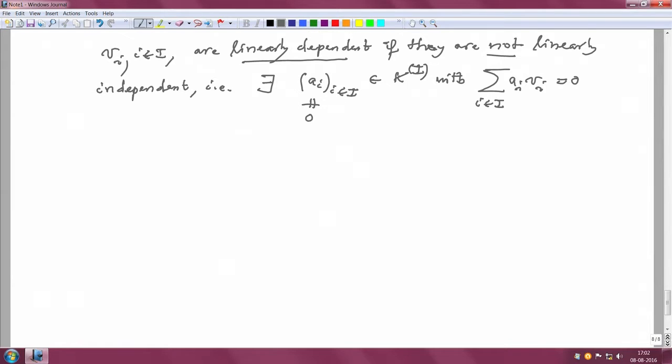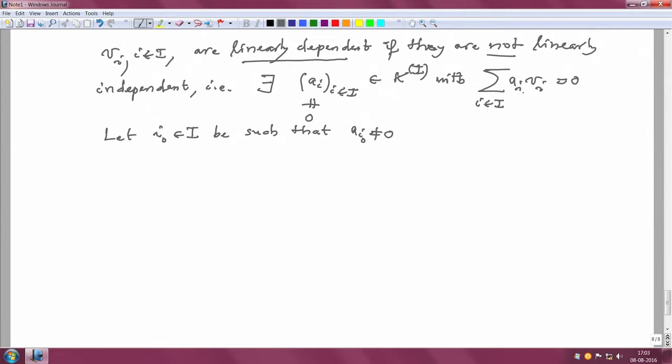So, if such a thing exists, then let i_0 in I be such that a_{i_0} is non-zero. Then you solve this equation.